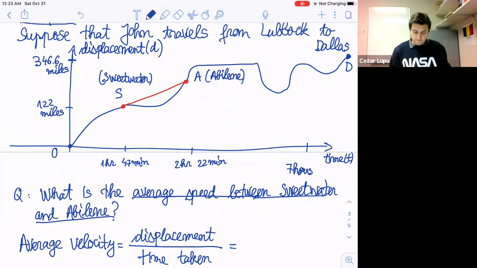So this would be what? So let's just say, oh my God, I forgot to say something. Let's just say here Abilene is at 163 miles. Because I forgot to put the displacement, right?